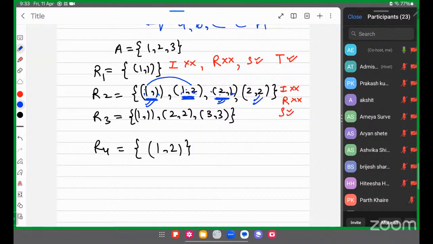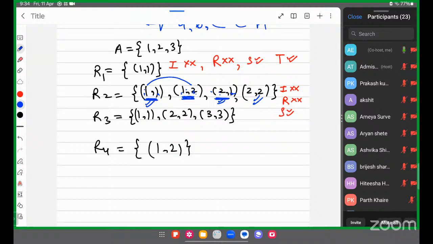An interesting point is that 2, 1 has transitivity regarding both 1, 2 and 2, 2. So you have to check all the possible combinations.